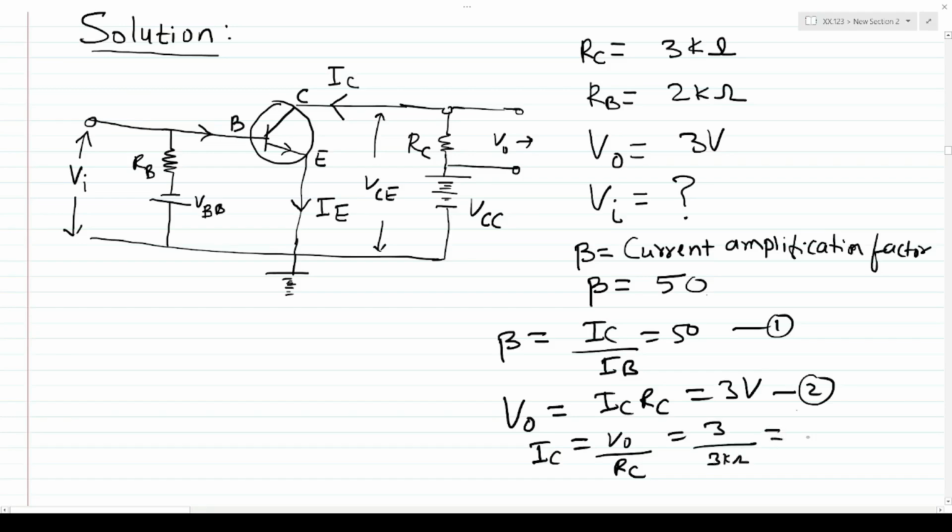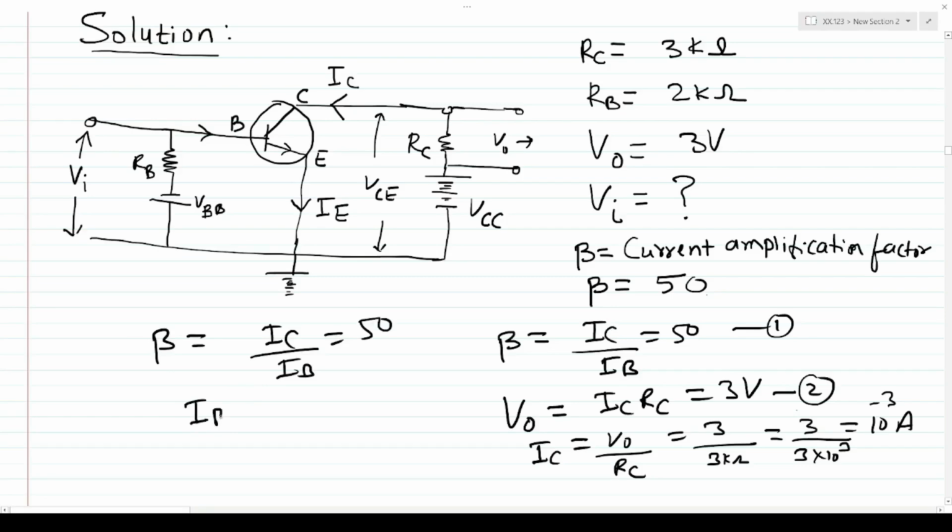Therefore IC equals 3 upon 3 into 10 raised to 3, that is IC equals 10 raised to minus 3 amperes, and beta equals IC upon IB equals 50. Therefore we get IB equals IC upon 50.